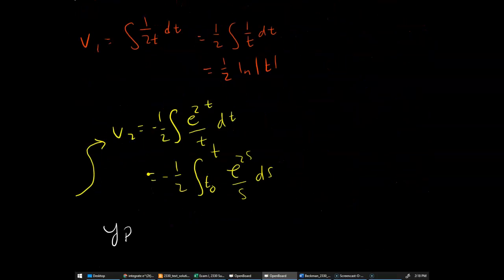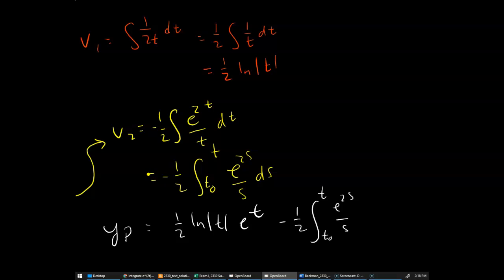So y particular now is 1/2 natural log of t times e to the t plus, since it's negative, plus negative a half this hunk of junk, the integral of e to the 2s over s ds, times e to the negative t. Now I'm going to put that in front as well. And there's your particular solution.